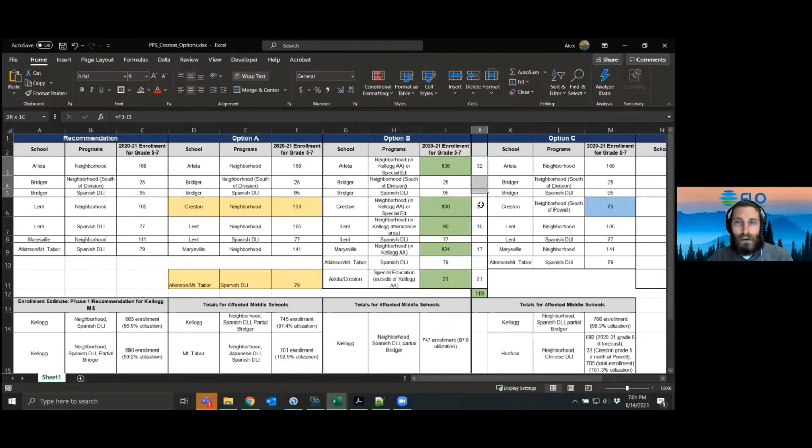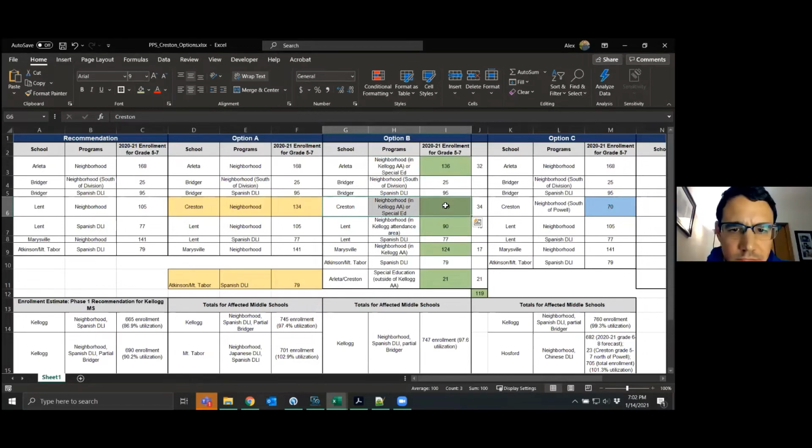And this is a column showing the difference of those. So essentially, when you sum it, you get 119 kids that would, well, let me think about that for a second. I maybe mixed this up slightly, but just know that Arleta decreases, Lent decreases, Marysville decreases. We have to consider special education in the Arleta-Creston area, and in place of that, 100 kids come in from Creston. Does that make sense?